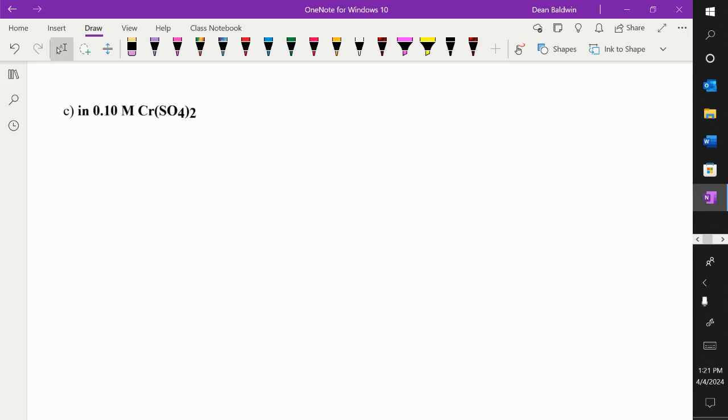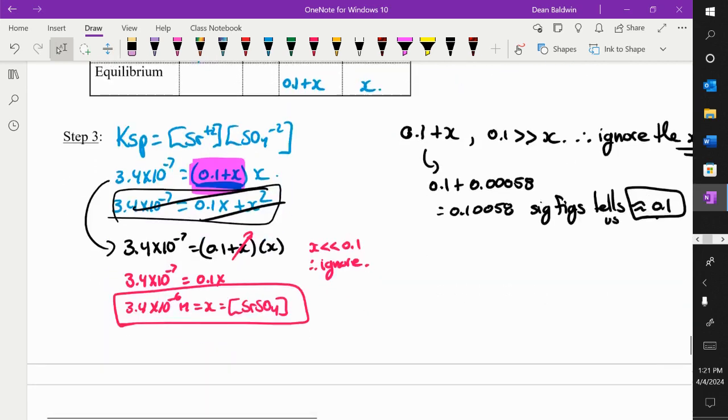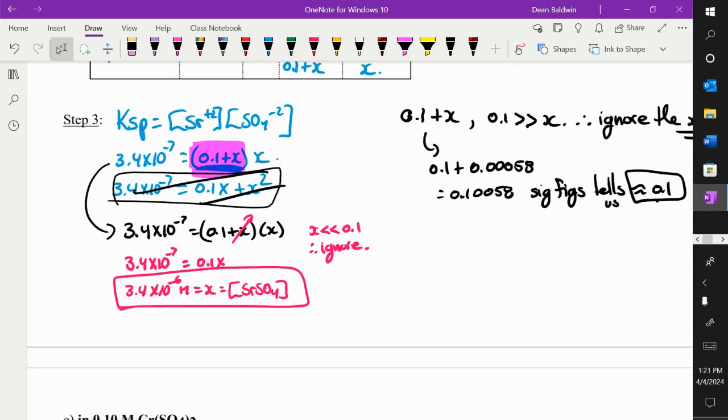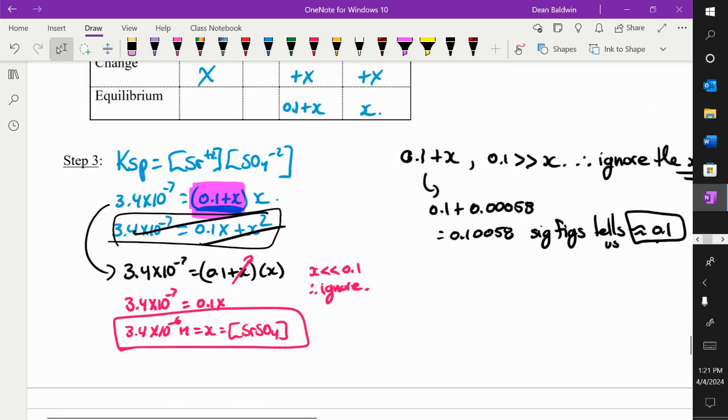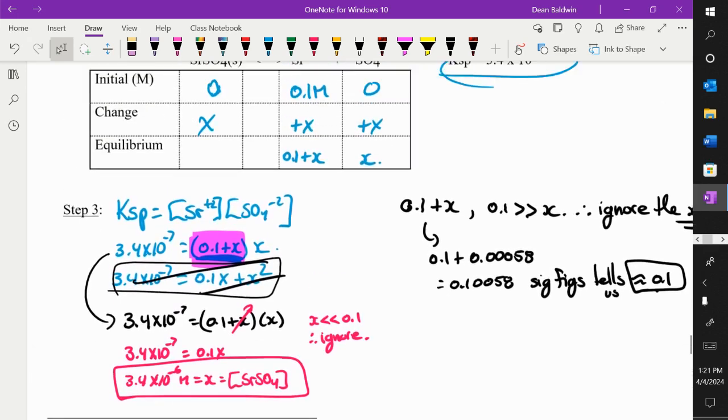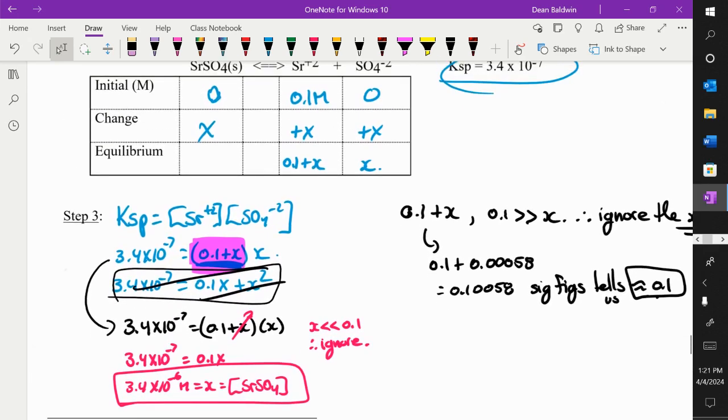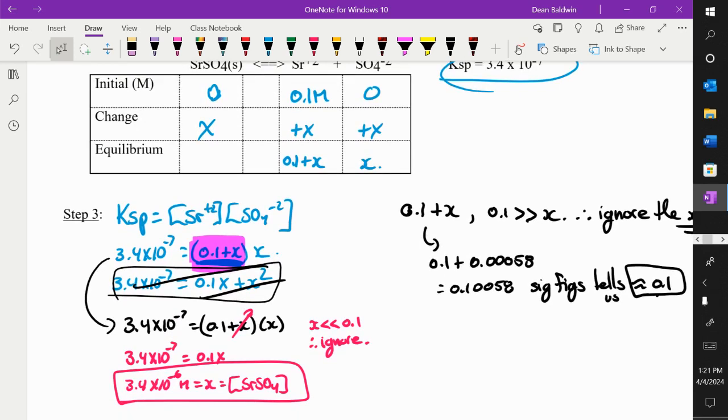Wait, Mr. Baldwin, do we lose marks if we forget to define a variable? Yes. No. How important is it really? Technically it is important, and we should, and I haven't been doing it.